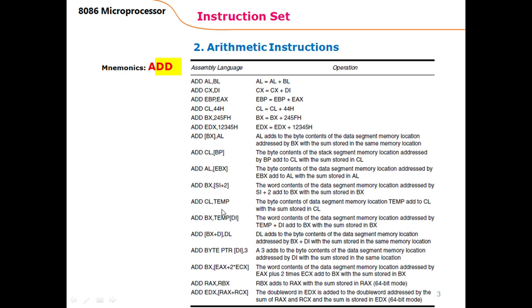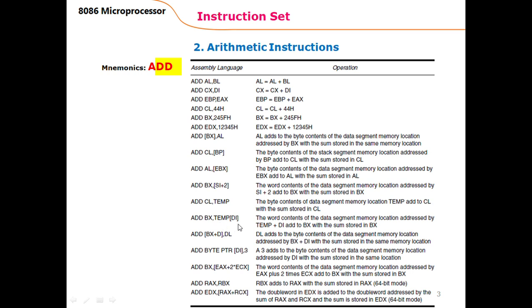And similarly, here temp is a variable that provides the offset address, and the segment is the data segment. So the 8-bit content in the data segment memory location addressed by the offset address stored in this temp variable is added with the 8-bit content in the CL, and the result is stored into the CL register. And here, the 16-bit content from the data segment memory location addressed by the offset address computed as temp, the offset value stored in temp, plus the 16-bit offset value stored in the DI register.